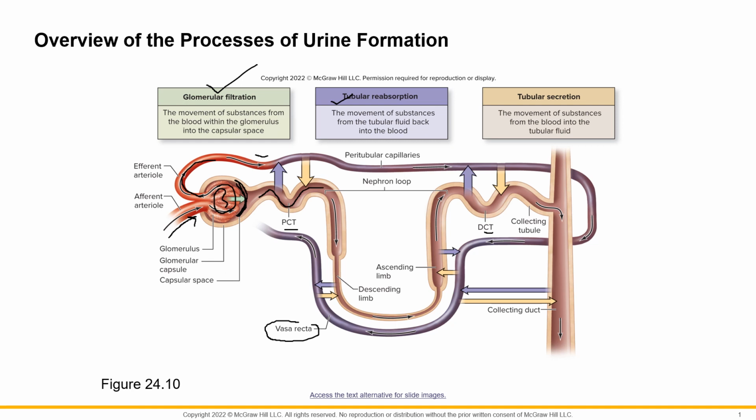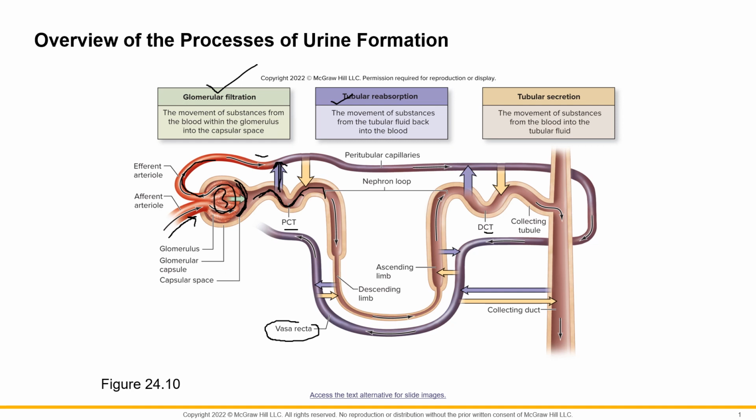Anything like nutrients that your body requires or needs to conserve, water, that kind of stuff goes from the nephron proximal convoluted tubule back into the bloodstream. It either diffuses across, or it's facilitated diffusion, but when nutrients or solutes go from the proximal or the distal convoluted tubule into the bloodstream, it is called tubular reabsorption.